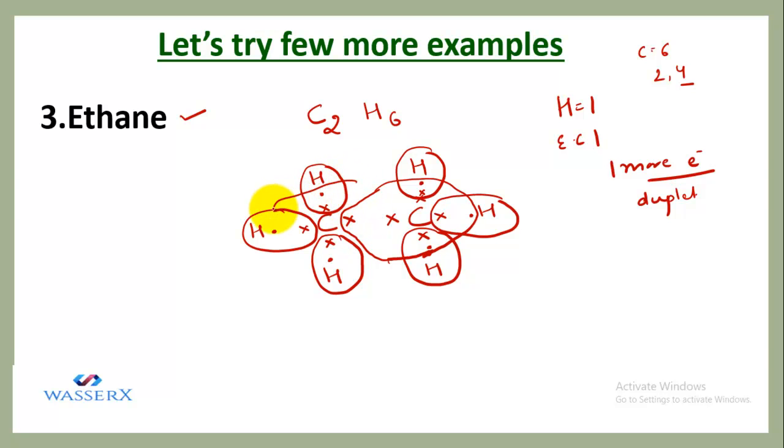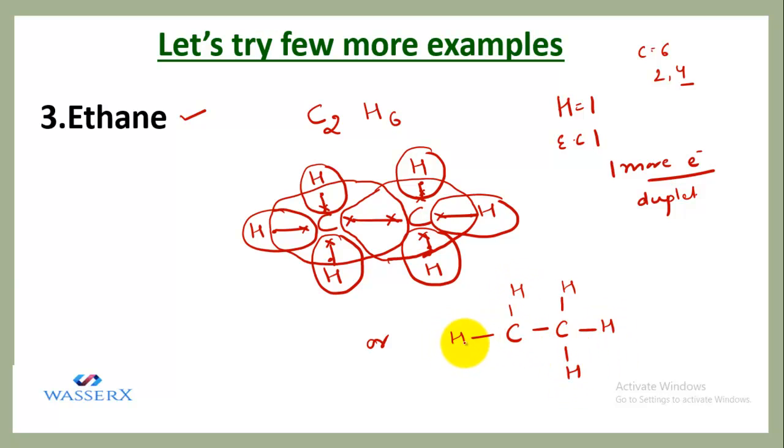Similarly, this carbon will have the 6 electrons and 1 it is going to mutually share with this combining carbon. So this gives rise to a bond. You can see that this kind of bond is formed. So this is how you're going to form ethane, or we can represent like this. This is how the structure is formed, or you can say the bond formation takes place by mutually sharing of electrons. So this is how the ethane is formed.